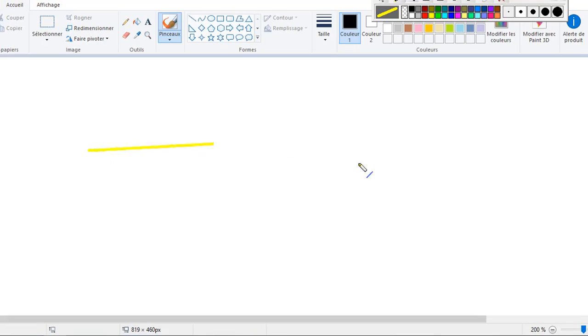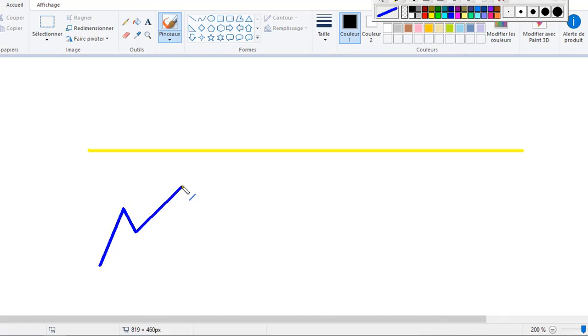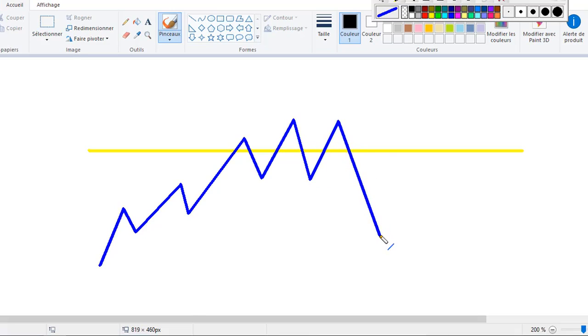So let's say my resistance is here, and we have the price, make it a blue line, go up, and in the middle we have the 13 EMA.